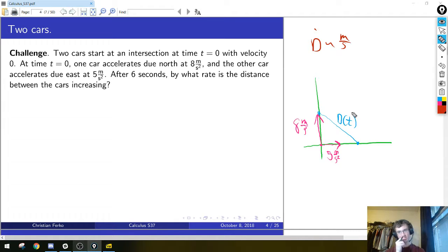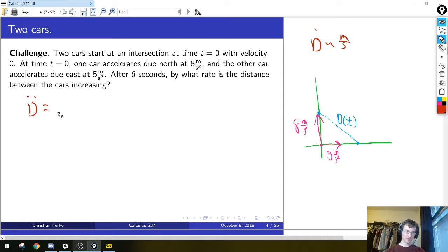Oh, yeah. Velocity. Okay. So I guess we can start by finding d dot of t to be equal to, what, the Pythagorean theorem applied to this. So I guess I'll start listing off math now. So d dot of t is equal to the square root of, damn it, sorry.